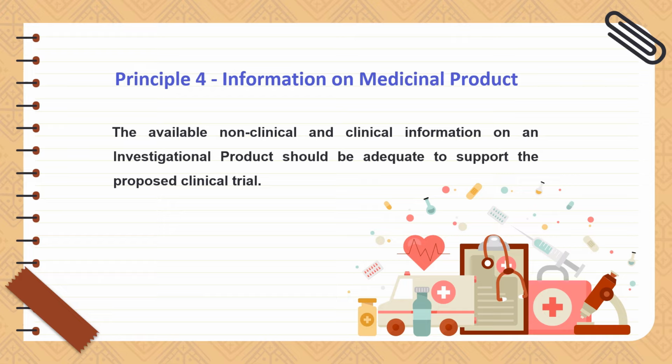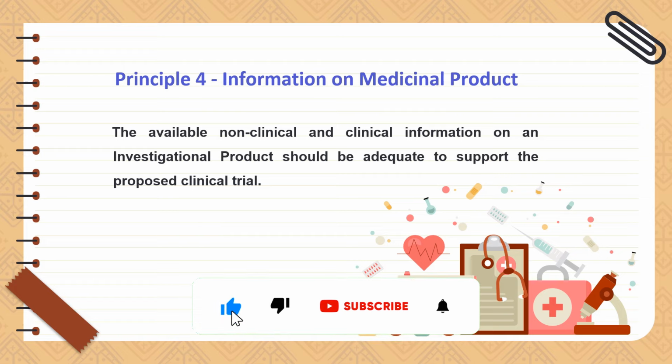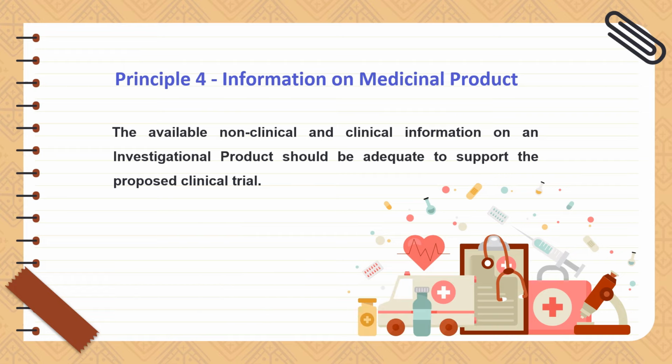Non clinical data is when they have done work in the lab on microorganisms or on lab rats and other kinds of animals. And the clinical information, if they have done any toxicity test. So we have to provide all that data before we can ask them for the experimentation on humans.